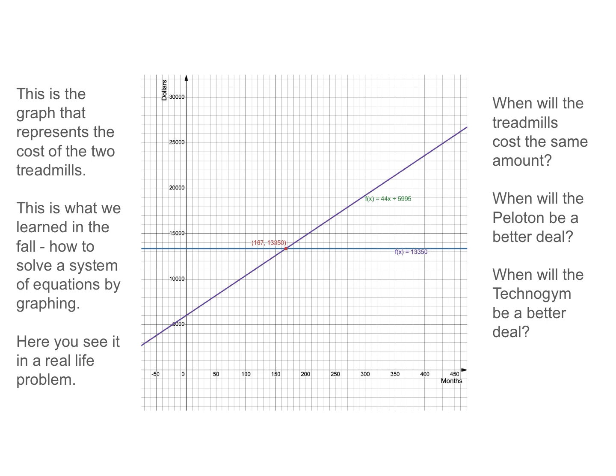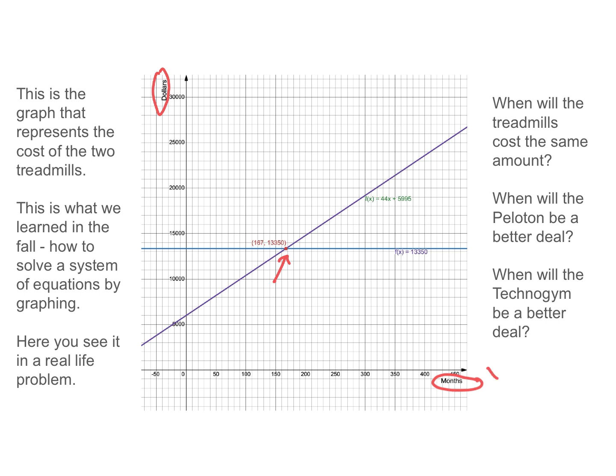So this is the graph of the treadmill, and I want to orient you to what it actually is saying. You'll see down here that I have the months, so it's counting by months, and then the dollars. And you're going to notice that intersection point that's familiar when we solve by graphing. This is my intersection point. So keep in mind, we're looking at months.